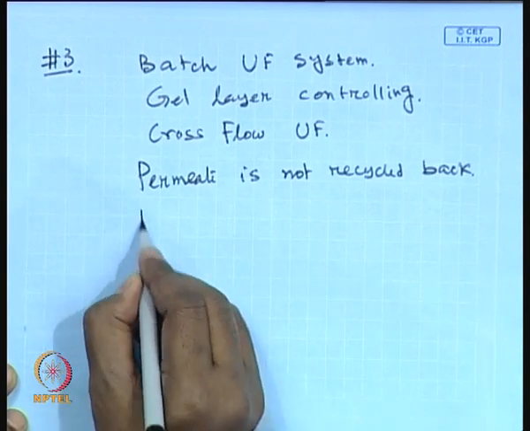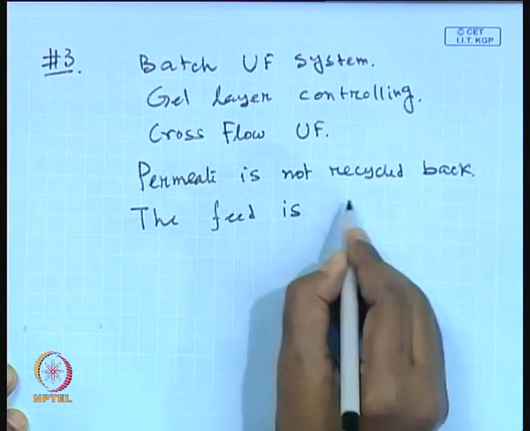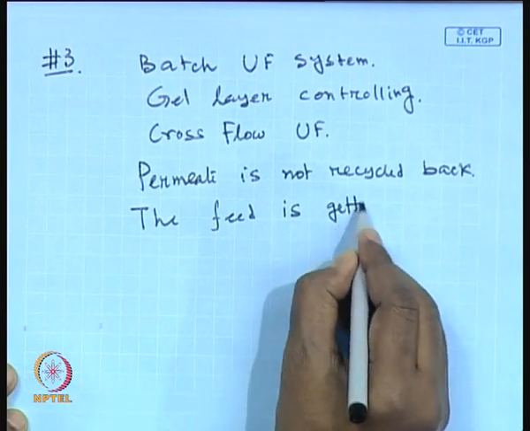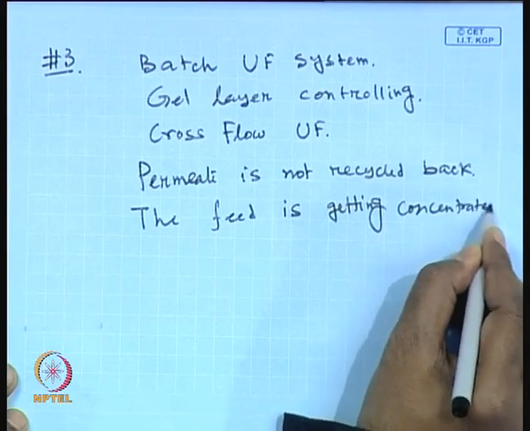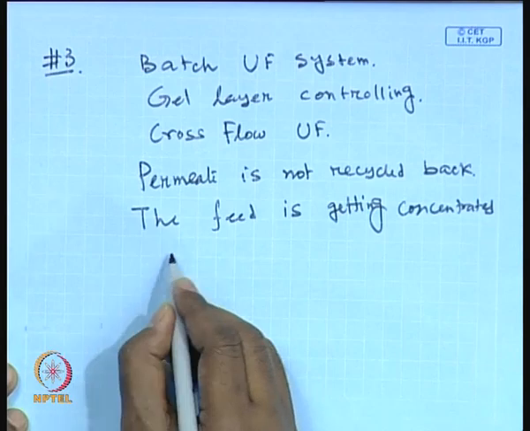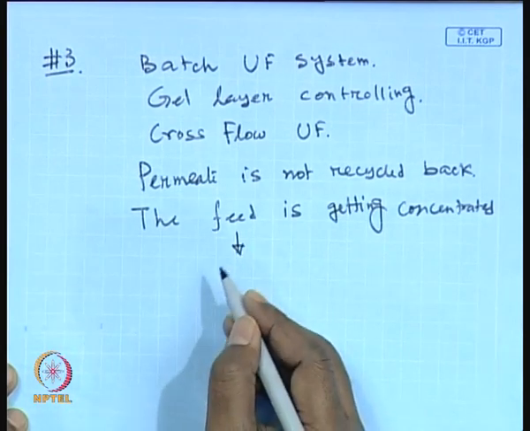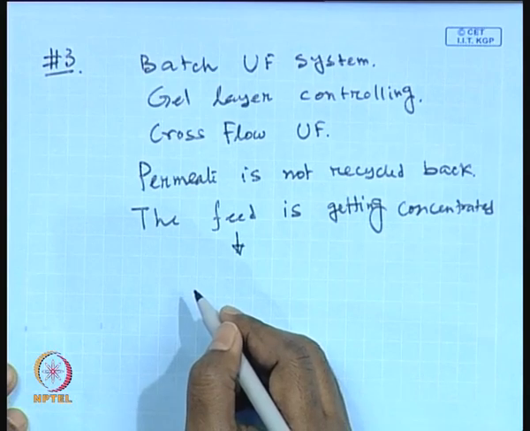So, permeate is not recycled back in this process, so the feed is getting concentrated, and since you are extracting water out of it, the feed volume is getting decreased, right.